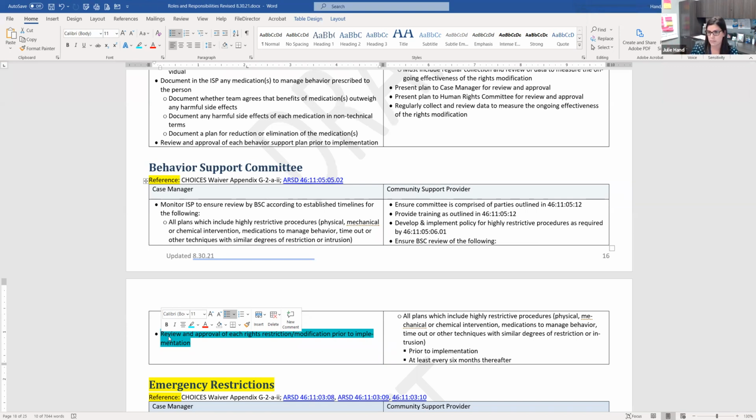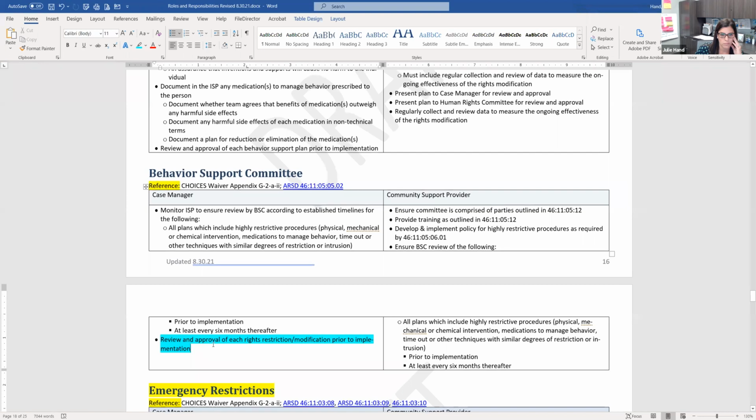It would be sort of the same, although obviously there's guidance from HCBS settings for highly restrictive. I would imagine it's the same as lesser restrictive methods, but I feel like that bullet's going to need to be modified to use some different language, like we did under behavior support plans.